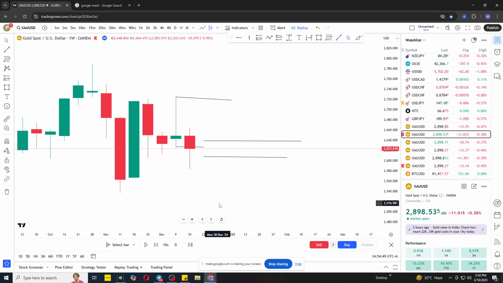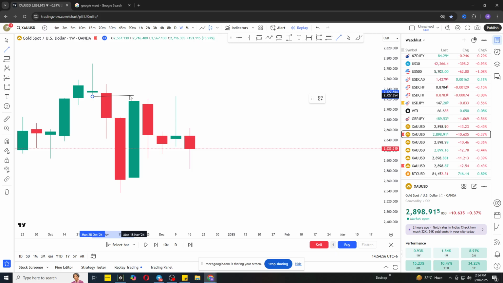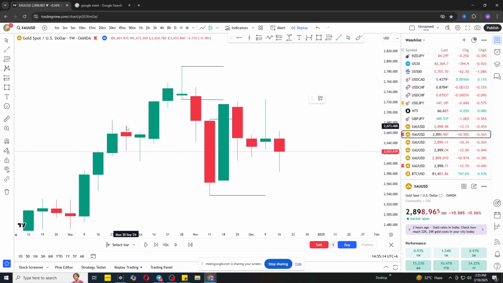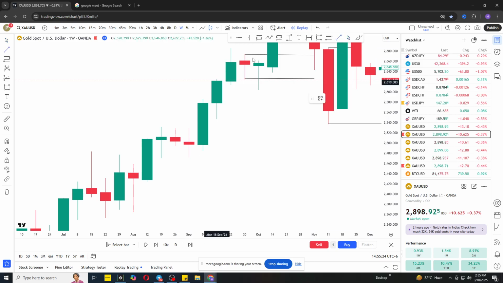This is also a regular combination. What do you have here? Regular combination. What do you have here? Regular combination. What do you have here? Irregular combination.